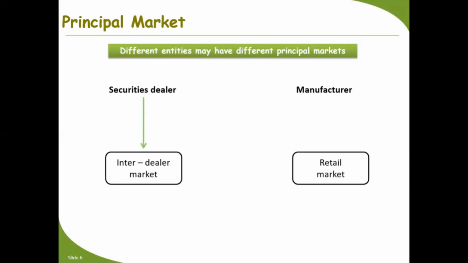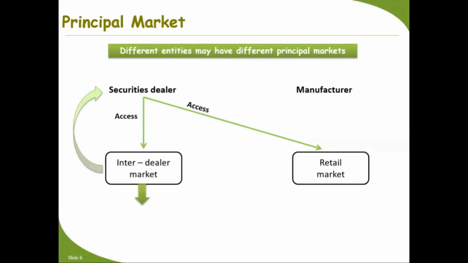He has access to the inter-dealer market as well as the retail market. In this case, the securities dealer is dealing in both markets, but its principal market is the inter-dealer market.